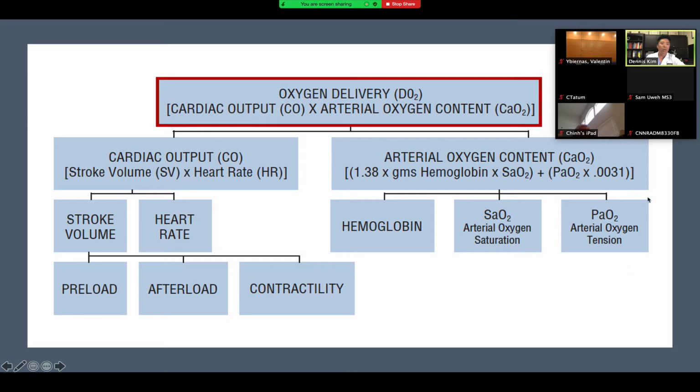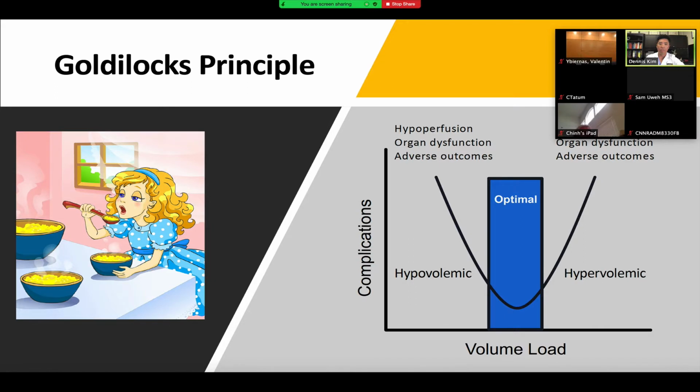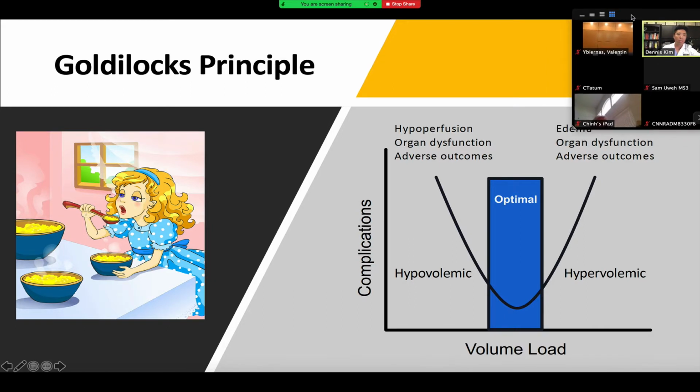And if you'll notice from this equation, the relative contribution of dissolved arterial oxygen really is non-significant. So we're really focused on maintaining their saturations, ideally greater than 90%. They don't need to be 100%, and that's something that's also changed in our critical care paradigm over the last several years. And it really comes down to this Goldilocks principle. It's this fine balance.